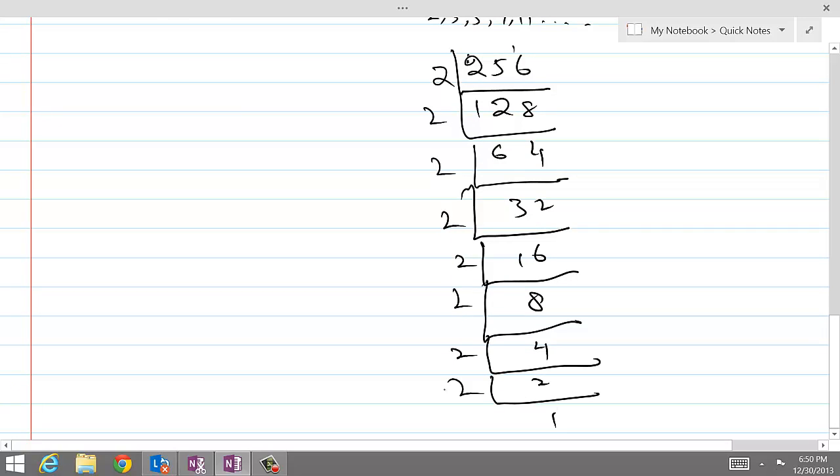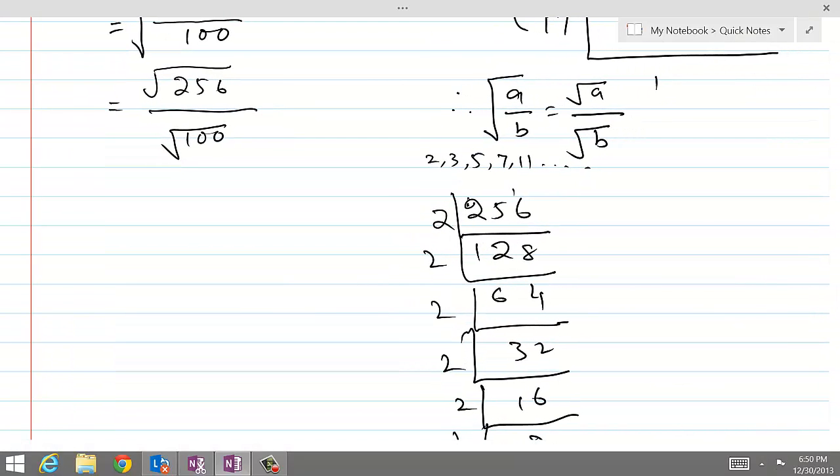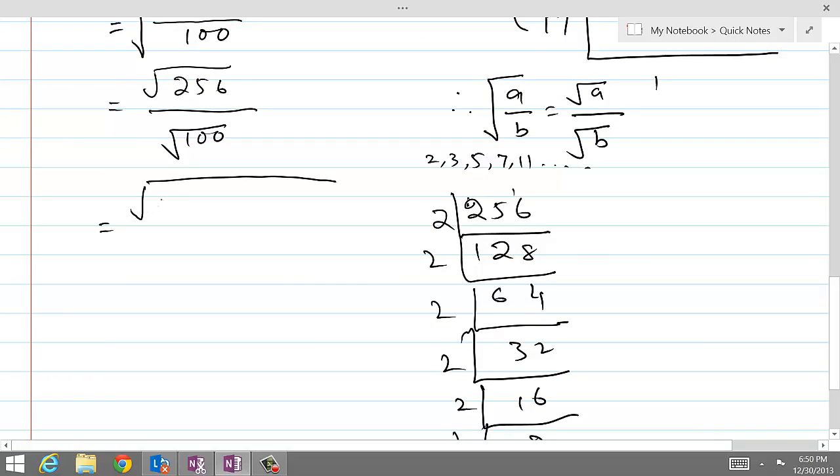How many times is 2 a factor? 1, 2, 3, 4, 5, 6, 7, 8. So this is a factor 8 times. Therefore, we're going to write 2 times 2 times 2 times 2 times 2 times 2 times 2 times 2, that is 1, 2, 3, 4, 5, 6, 7, 8.